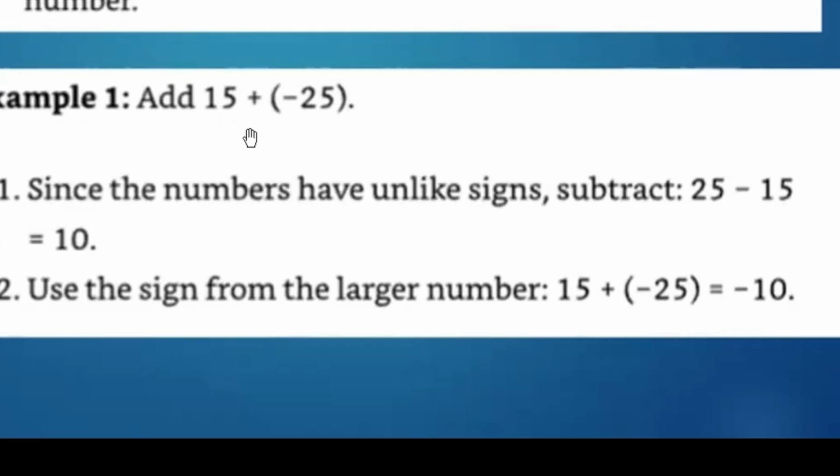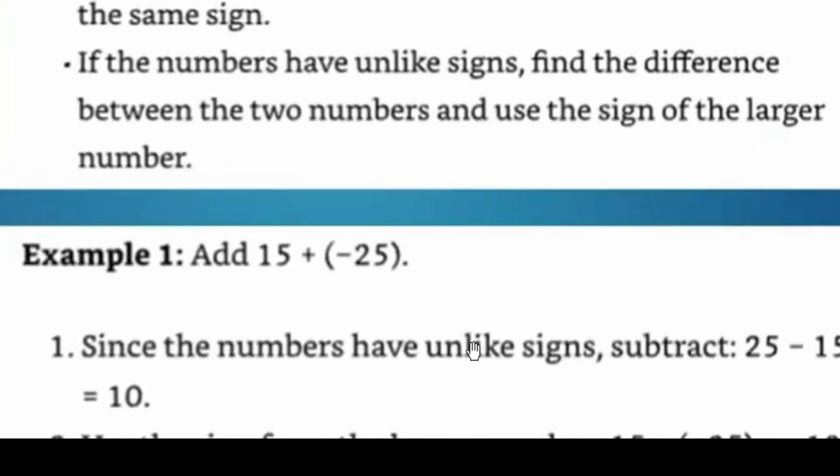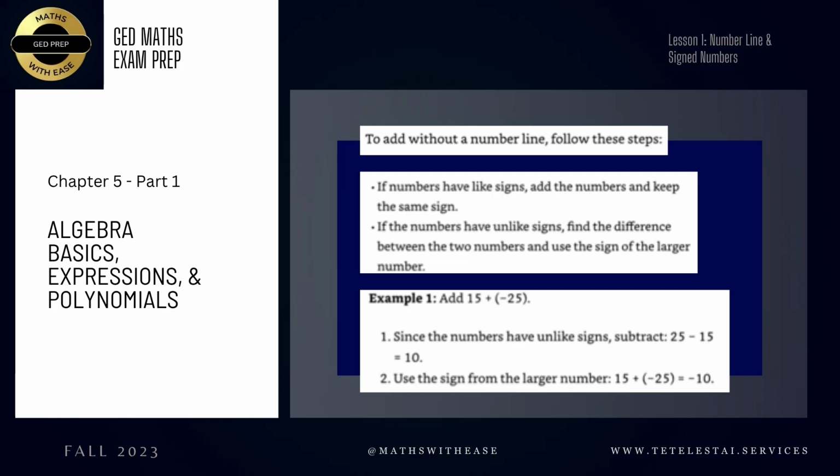Now they're at negative 10, okay? So that's what this is trying to tell you here, that if the numbers have unlike signs, find the difference between the two numbers and then use the sign of the larger number. But obviously you want to reflect the negative sign in your answer. So just kind of keep that in mind.